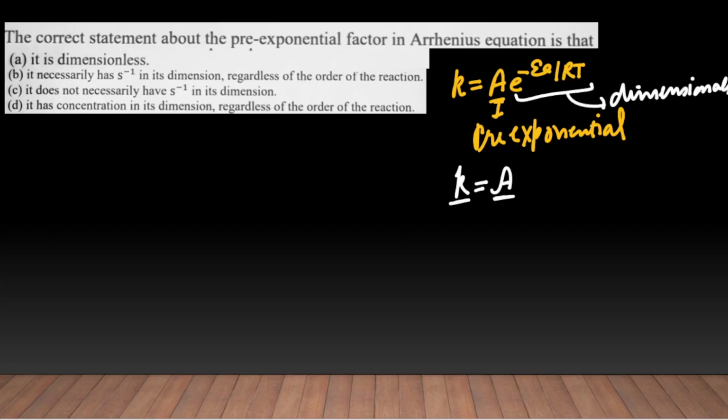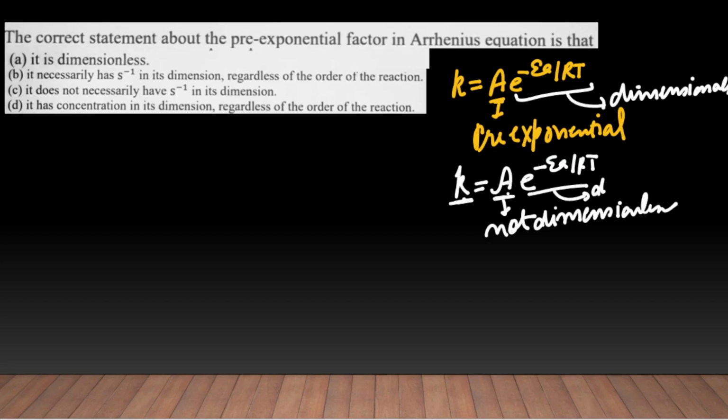Based upon what order kinetics we are having, the K units will vary. So K units and A units are the same, so it is not dimensionless. The factor e raised to the power of minus Ea by RT is dimensionless.